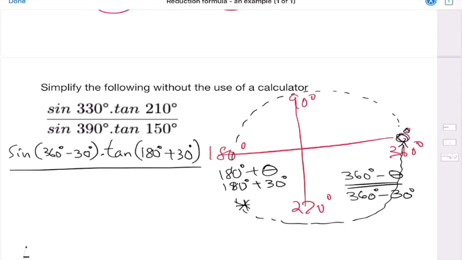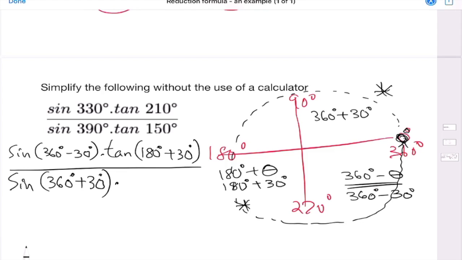And so 390 degrees is the same thing as 360 degrees plus something, and in this case, we are adding a 30. Right, hope you see that. So to get 390, starting from 0, you have to complete a revolution, but on top of that, we need to add another 30. So we will end up in the first quadrant. So now we can rewrite sine of 390 in the form 360 degrees plus 30 degrees, like that.